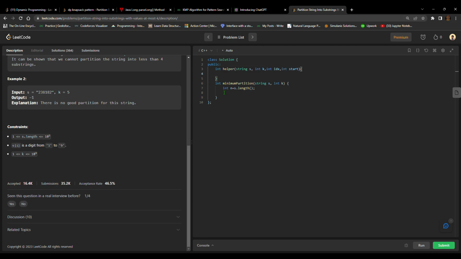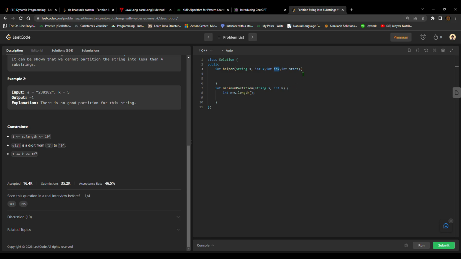Let me write the base case at the last. For the time being, let us focus on what we would really do. I know that I would be requiring some substring. So why did I give start? Because there would be a variable index start and a current index idx up to which I would be taking the substring.